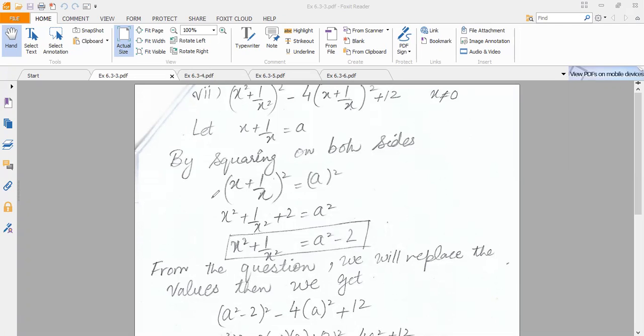Now open this bracket with the help of the formula a² + b² + 2ab. Here we can observe that when opening the formula, the first term is squared and the second term is squared.